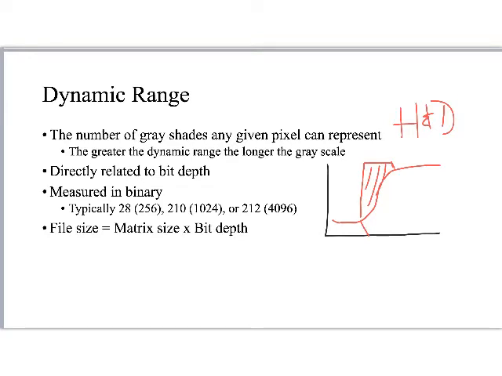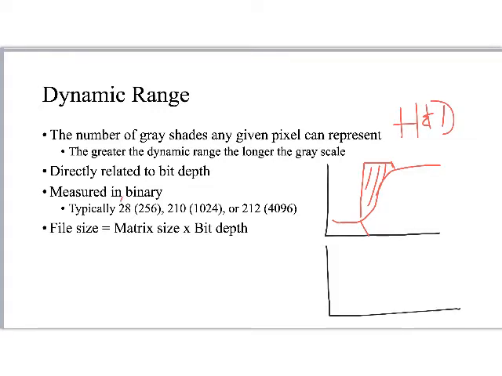So in a digital system, though, we still use this model, but if we were just to look at what the bits are sampling for each pixel, it would have a dynamic range of one of these binary numbers.